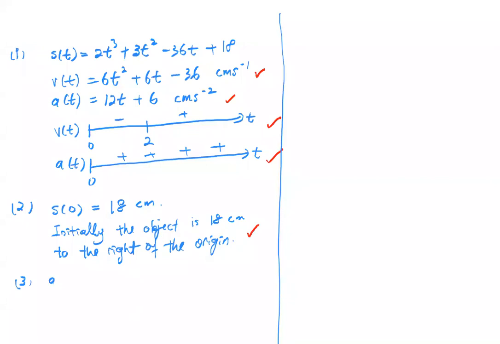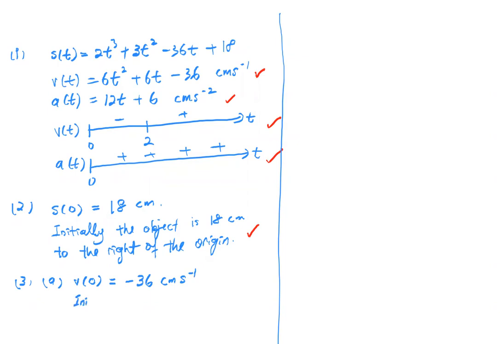Then for part 3, A, find the initial velocity. So same thing, V0. You go to your Y2, you get the answer. So you get negative 36. How do you interpret?